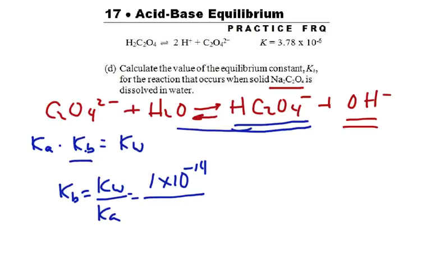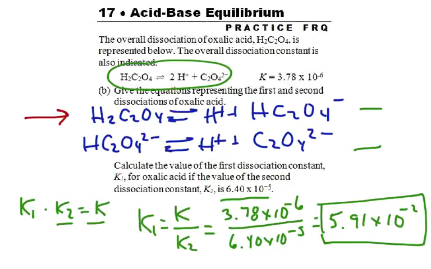So when this guy turns into this guy. So we actually need to get our K2 to use for the Ka. So let's go back. And we can see that that number is 6.4 times 10 to the negative 5.